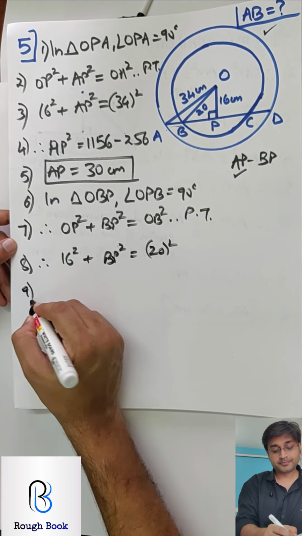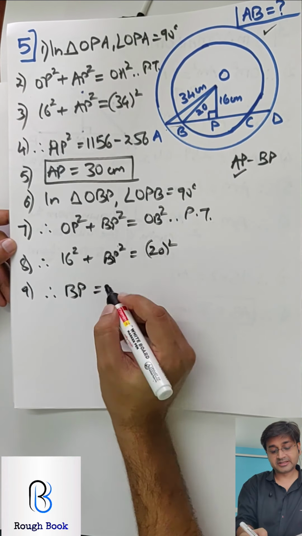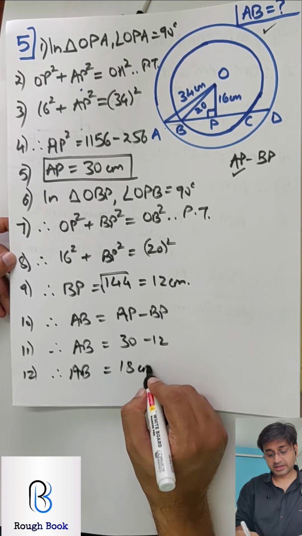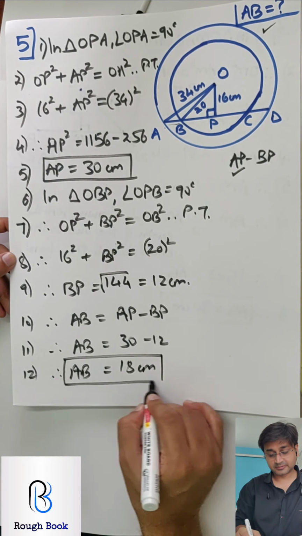So 400 minus 256 is going to give you 144 under the root. So that is 12 centimeters. Finally, I need AB, which is AP minus BP. So therefore AP is 30 minus 12, and therefore my final answer for AB should be 18 centimeters.